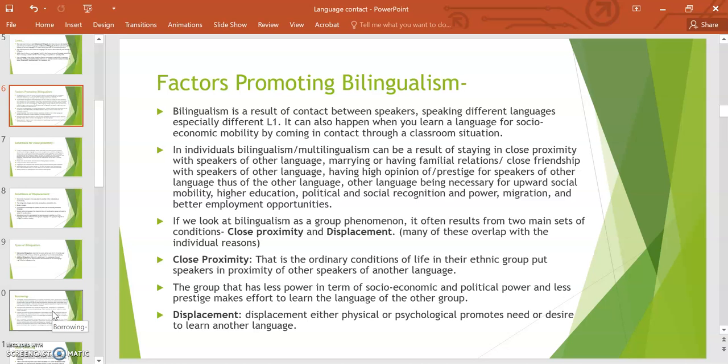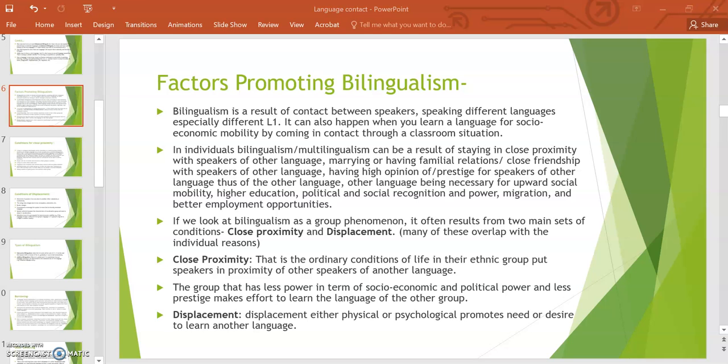Thus, the language also has more prestige. So, other language being necessary for upward social mobility, higher education, political and social recognition and power, migration and better employment opportunities. So, these are the factors that will promote being a bilingual or a multilingual in an individual.